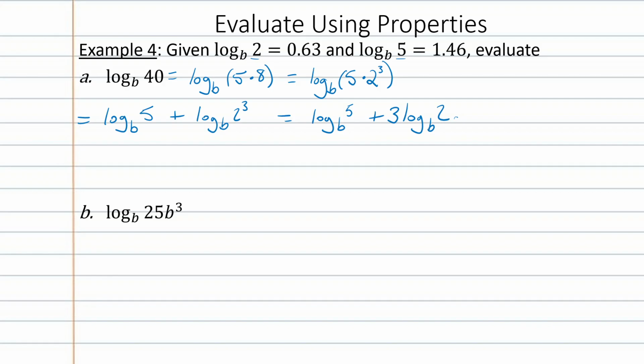And now I can use my substitution property to substitute in 1.46 for that log base b of 5. I'm going to substitute in the 0.63 for the log base b of 2. Take a second, pull out your calculator. All you have to do now is do 1.46 plus 3 times 0.63.